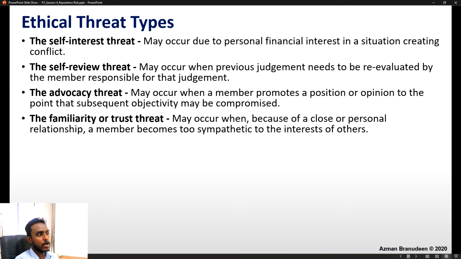The familiarity or trust threat, which may occur when, because of a close or personal relationship, a member becomes too sympathetic to the interest of others. To be really honest, I think I'm a little personally exposed to the familiarity or trust threat, not to the level that it breaches any types of ethics.